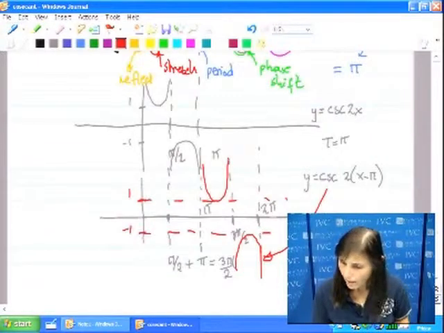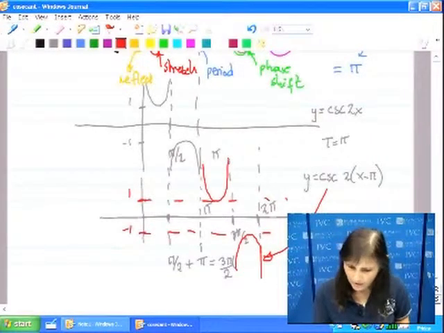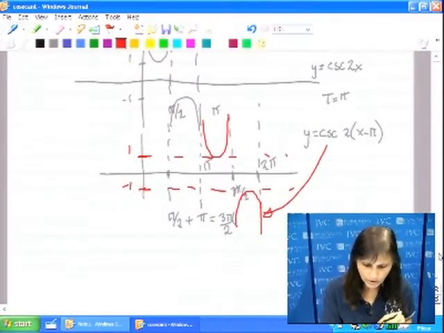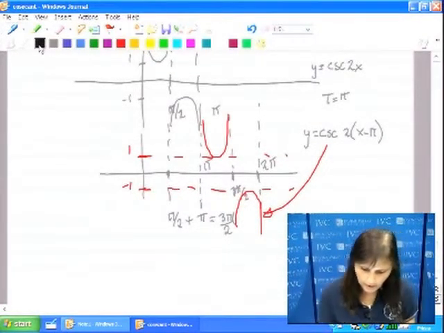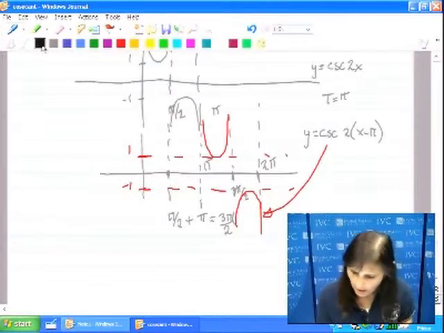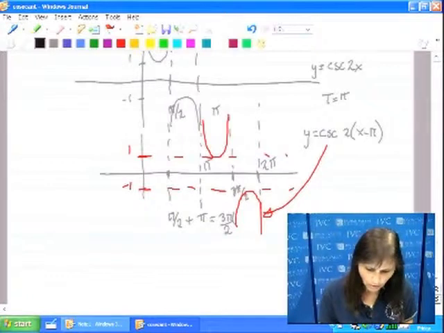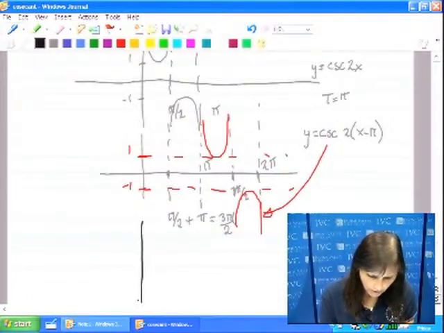Okay, now that I got that, let's see what happens when I put this -2 in front of it. Cosecant 2x minus pi. So it used to be here.